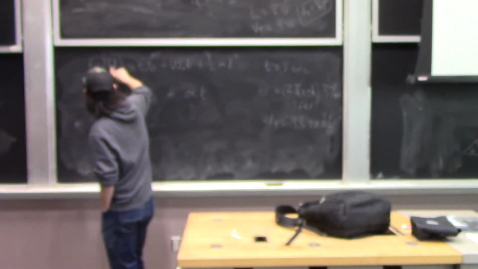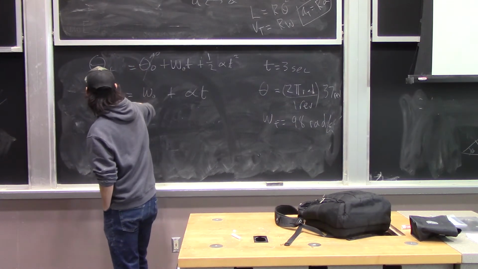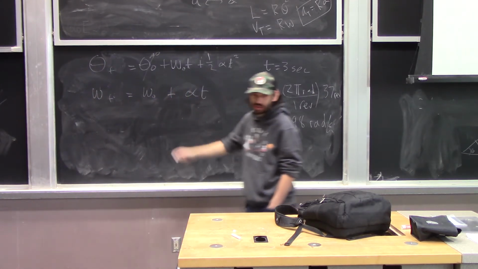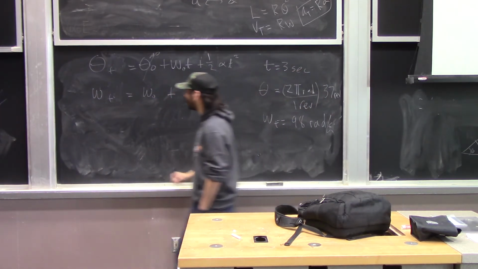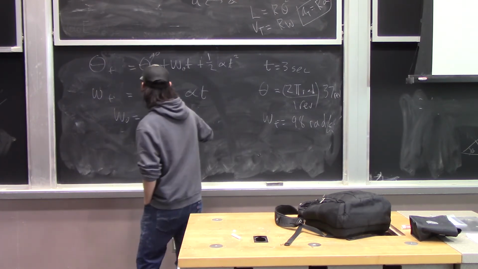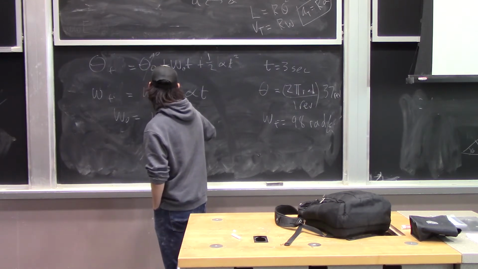So then, let's give these some different indices rather than saying it's some function. Let's say this is theta f and omega f. And then we can take the second equation and solve for omega naught. When we do that, we see that omega naught is going to be equal to omega f minus alpha t.